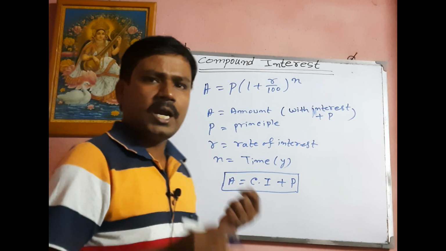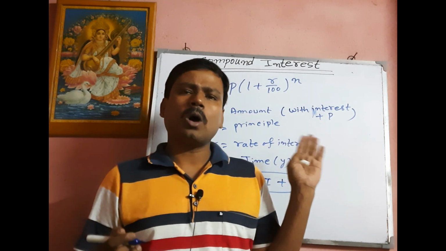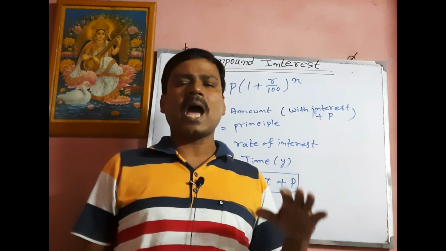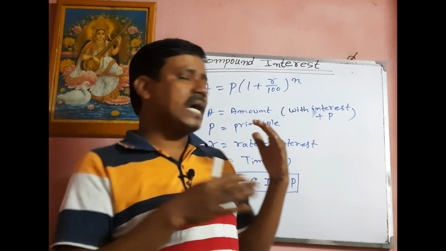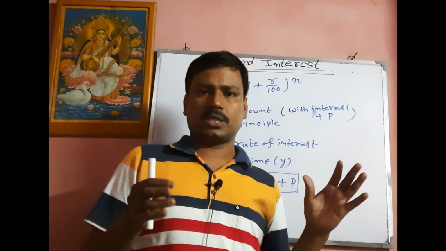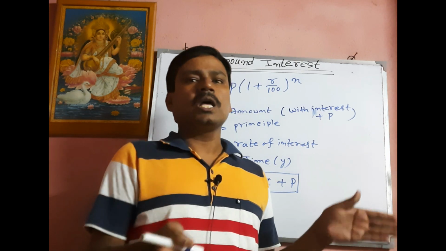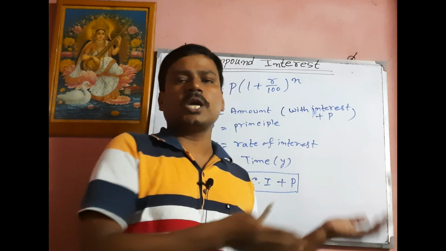And many more types of formula are there when the time period is different and the interest credit is different. It may be 6 months, it may be 4 months, it may be 3 months. Then the formula will be changed.